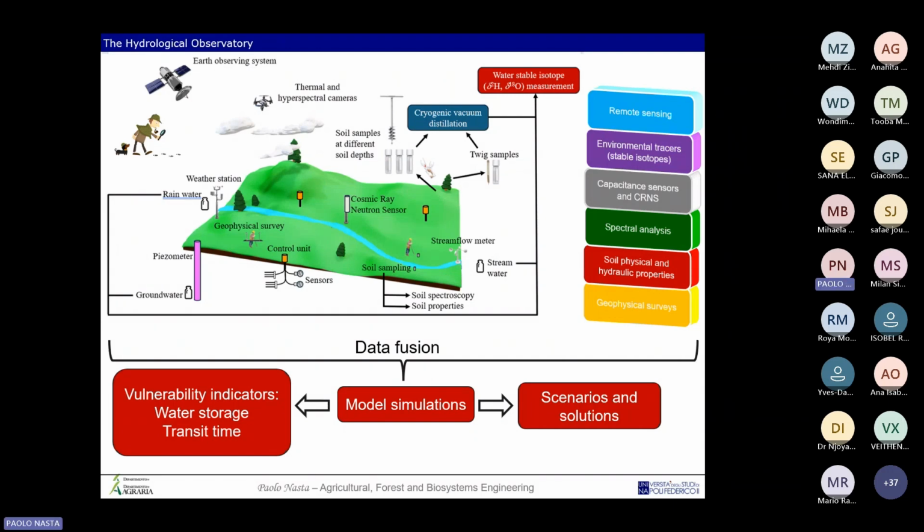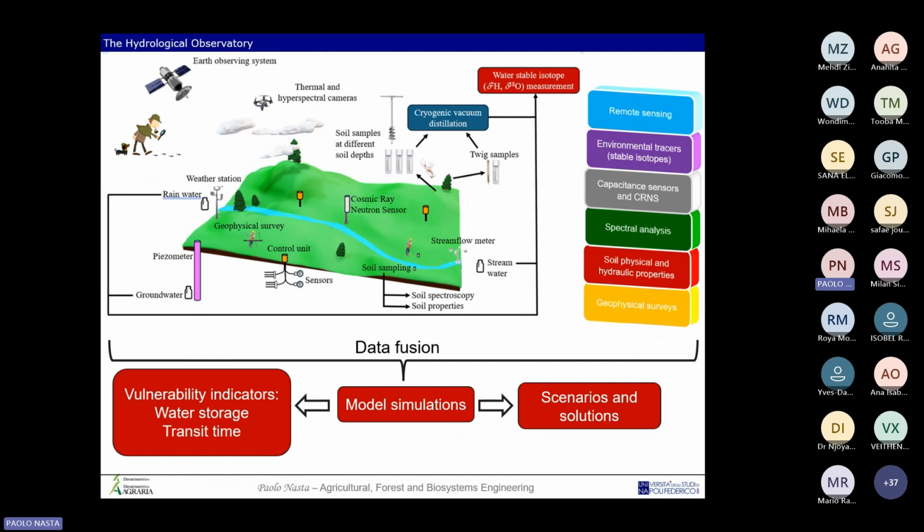And of course, we couple all these monitoring activities with intensive field campaigns to measure the soil physical, chemical, and hydraulic properties. In all this framework, then, we try to dedicate efforts in the data fusion in order to understand data and use data in a proper way.